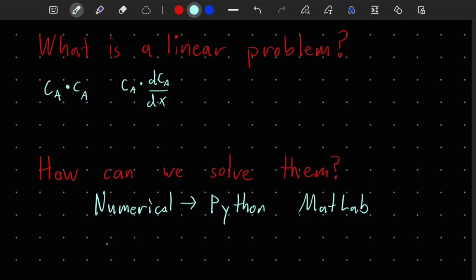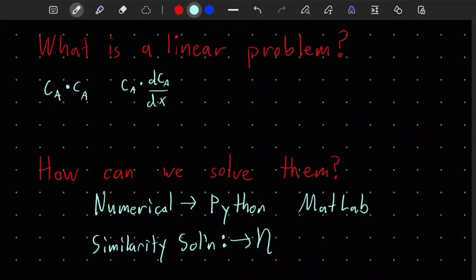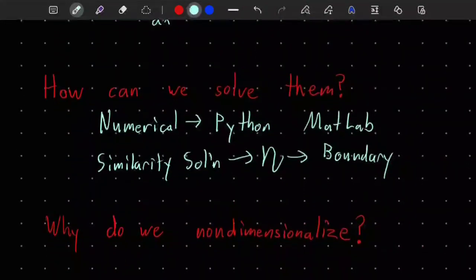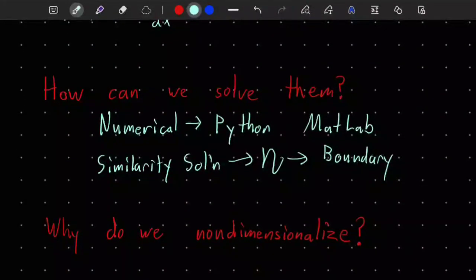The second way to solve these is via similarity solution. And this method involves the idea of boundary layers. And so you create a variable eta, and this relates how the boundary layer develops. The final way to solve a linear problem is the finite Fourier transform, or FFT.